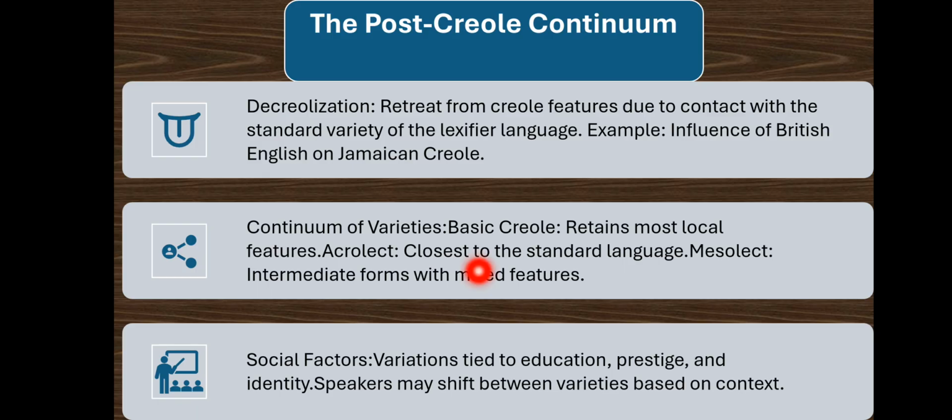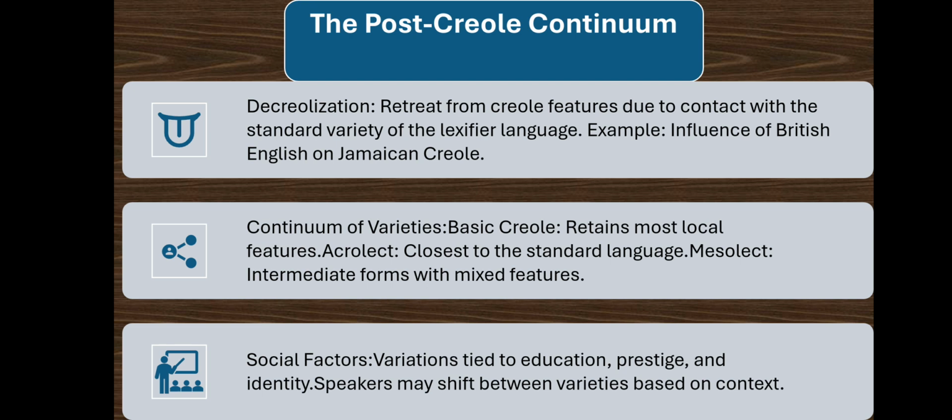And when the Creole is affected by the influence of the lexifier language, the source language, and is closer to the standard language, it is called mesolect. This is what we call the intermediate form with mixed features.